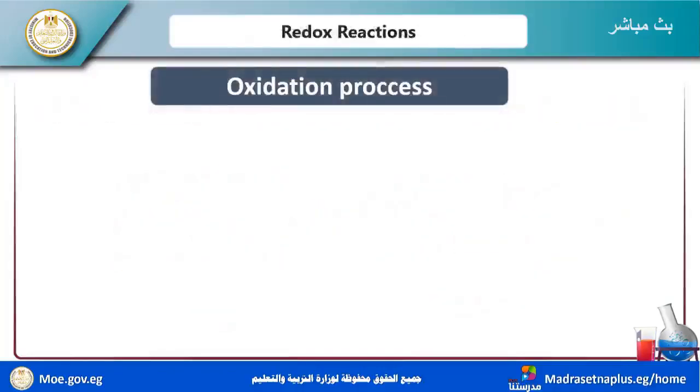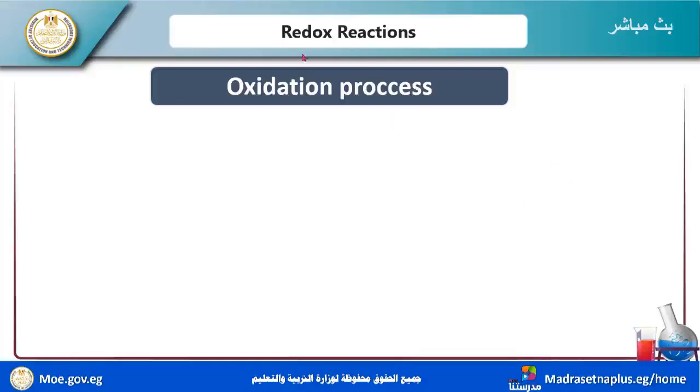Okay, now we finished the ways to determine the oxidation number of any atoms in pure elements or in their compounds. Now we want to apply this to oxidation and reduction processes, which I summarize as redox.